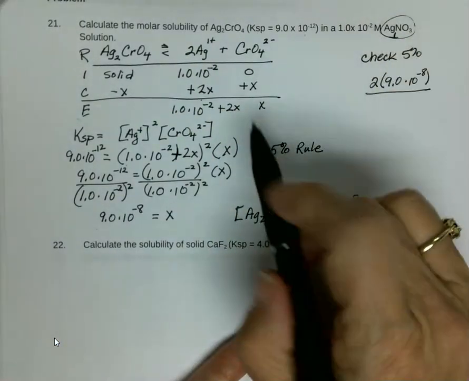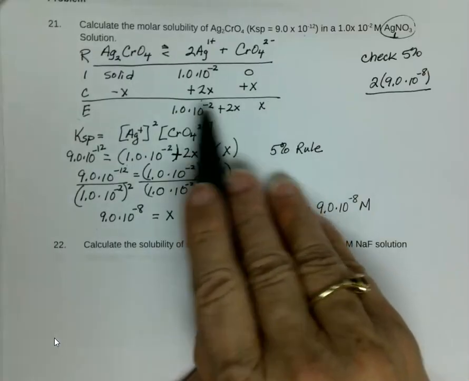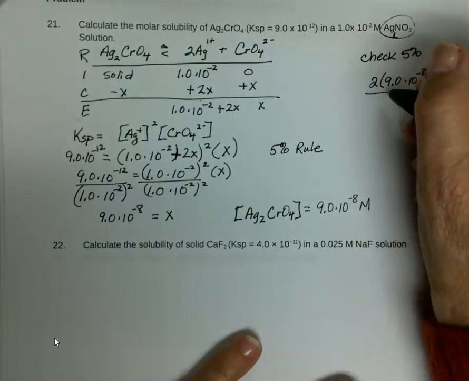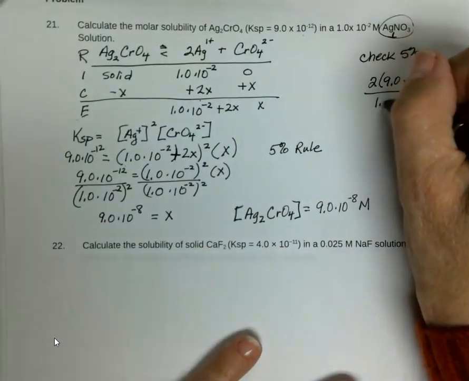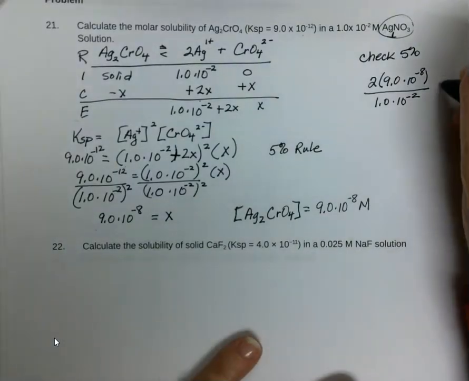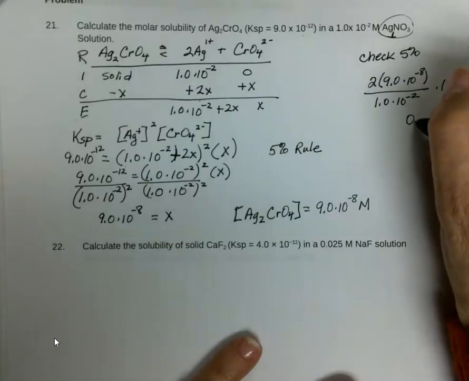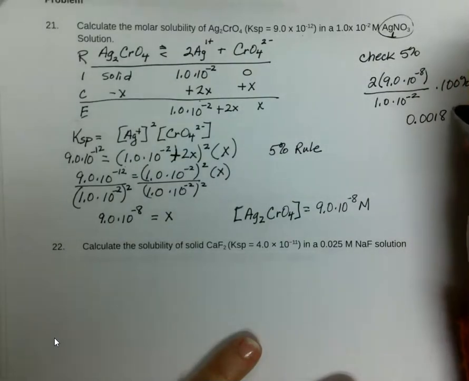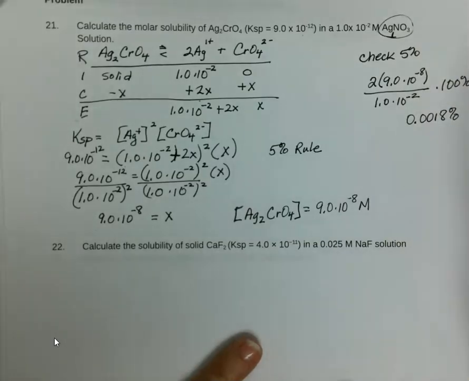Does that make sense? As long as this is less than 5% of the overall change, you're good. Okay, and again, you're just going to change it to percent, and that's going to give me, let's see, 0.0018%, which definitely is less than the 5%.